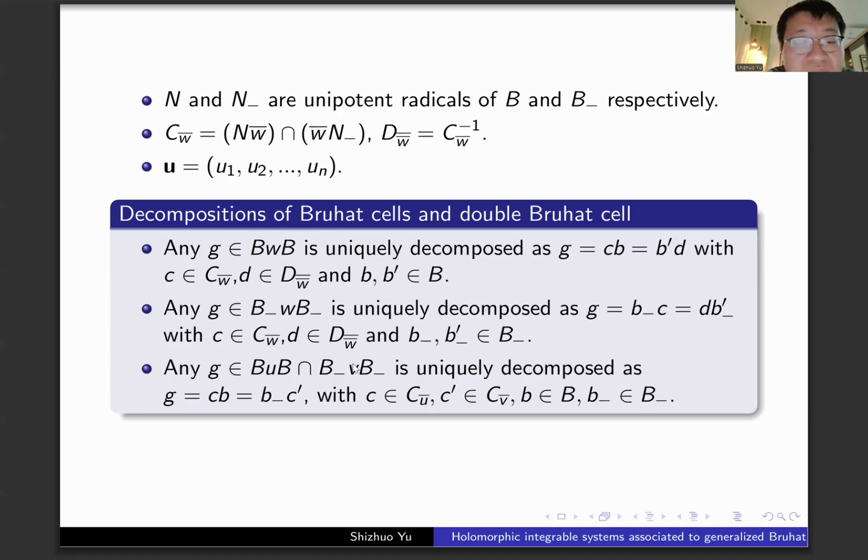And any element in the double Bruhat cell can be uniquely decomposed in this way as well. From the decomposition, we can realize that the building blocks of the Bruhat cell and double Bruhat cell are this C^w and B and B⁻. But indeed, this B and B⁻ can be realized as Bruhat cells times torus as well.